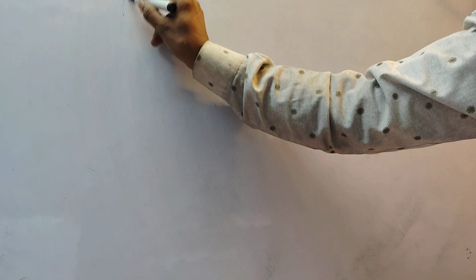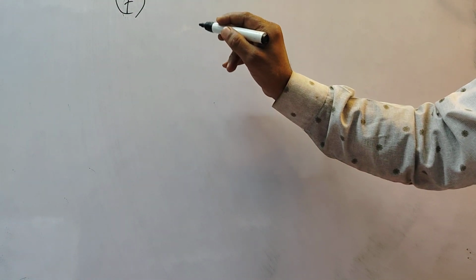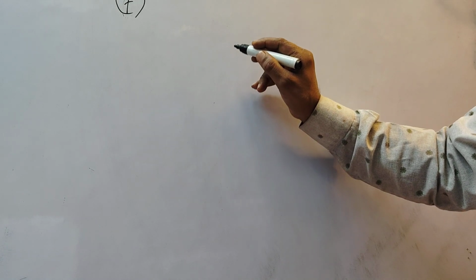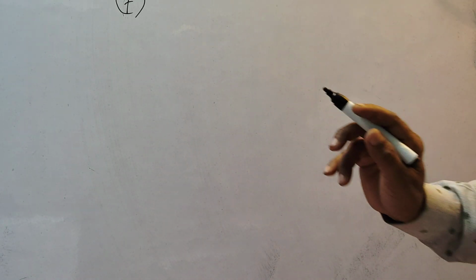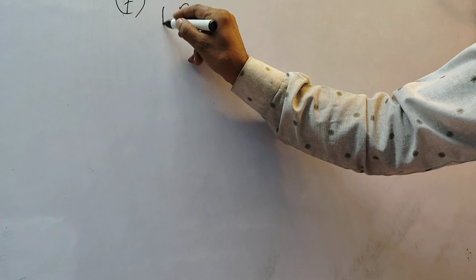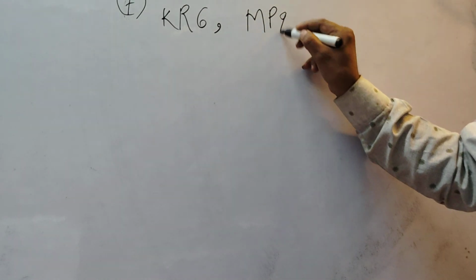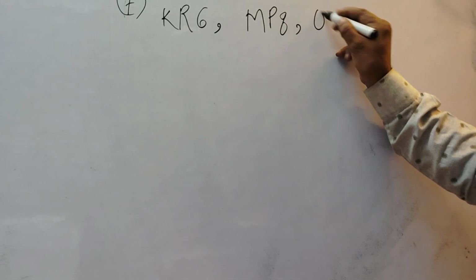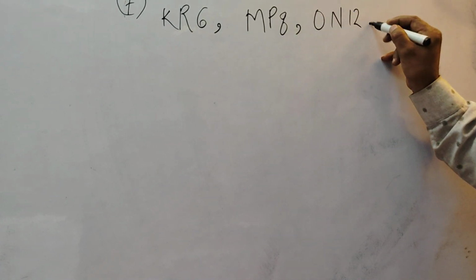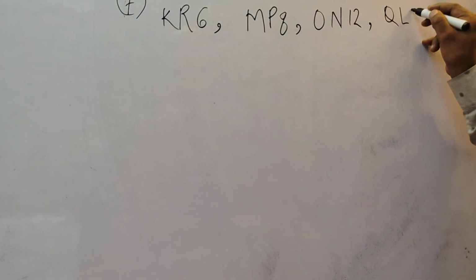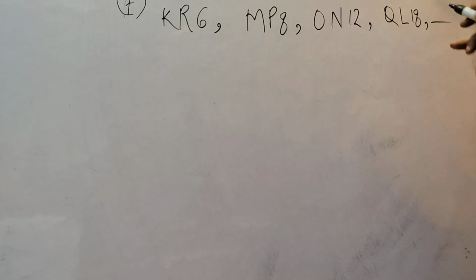Now question number 7. In this question 7, there is a series given: KR6, MP8, ON12, QL18, then question mark. Is it S I O 4?